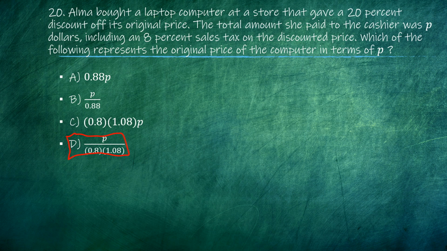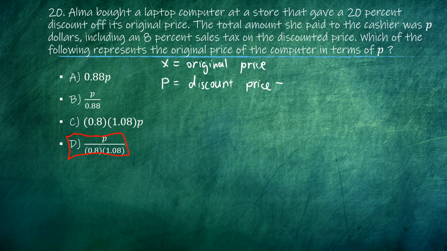So this question is asking us to solve for the original price. So let's set our variable x equal to the original price of the computer. And from the question, P is the amount that you pay, which included the discounted price and an 8% sales tax on the discounted price.